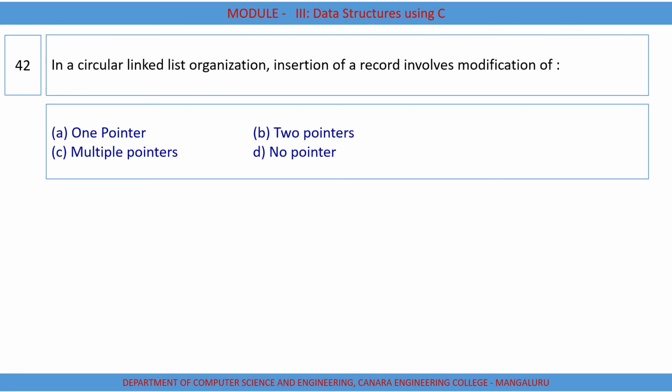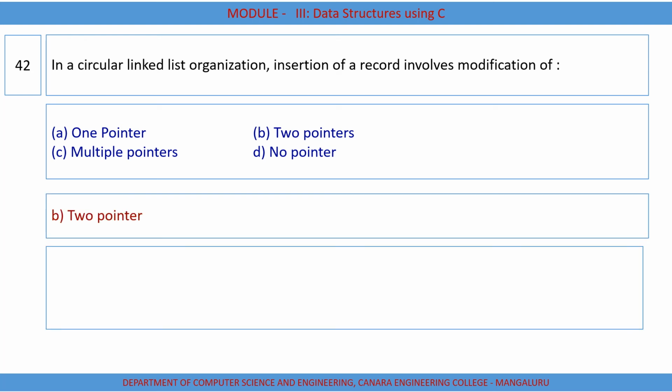In a circular linked list organization, insertion of a record involves modification of one pointer, two pointers, multiple pointers, or no pointers. Understand the question? The answer is two pointers.